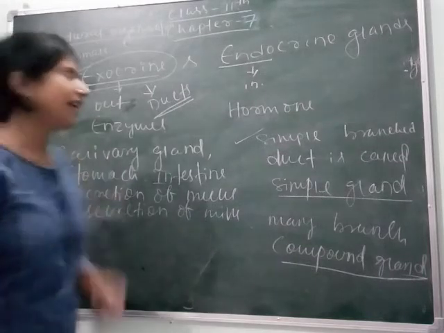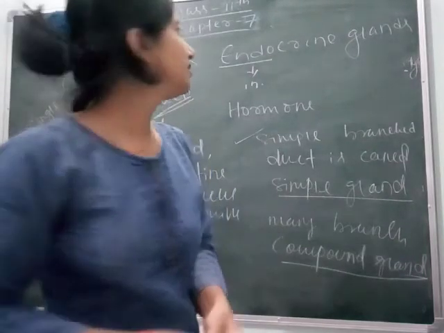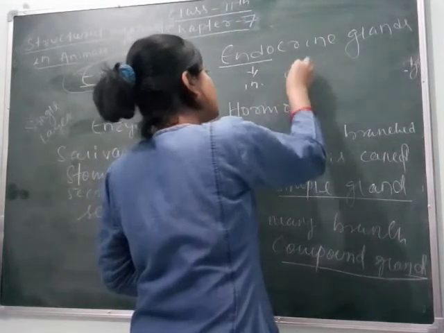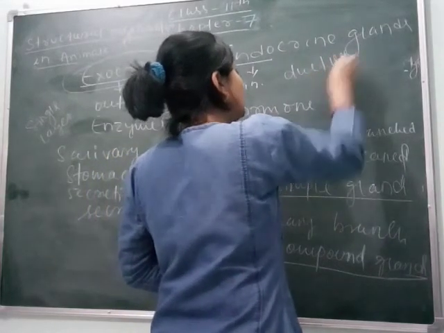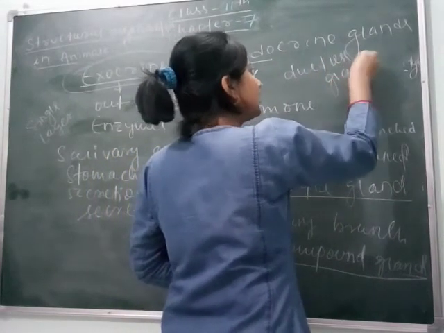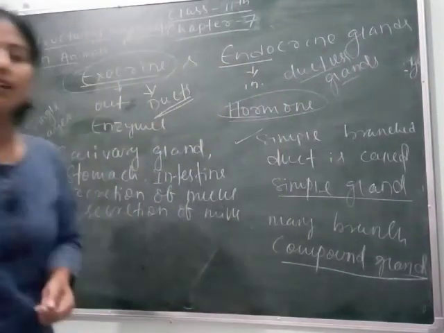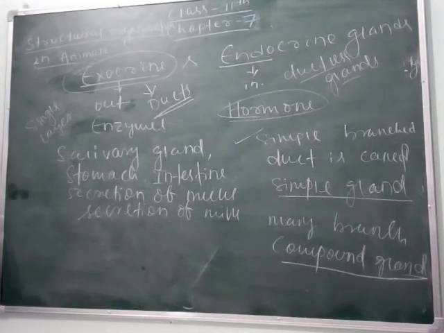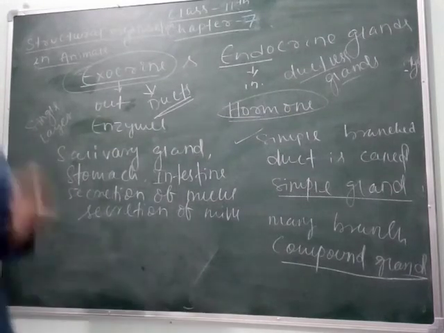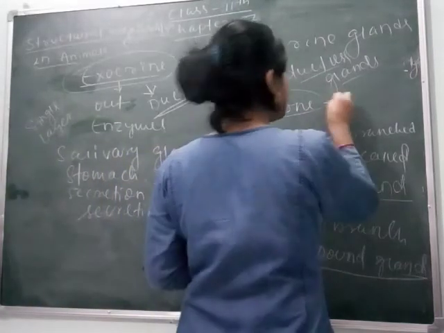Next is endocrine. Endo means ductless. These glands are ductless glands, and they secrete hormones. Hormones are secreted in a trace amount directly into the blood. You have studied this in class 10.